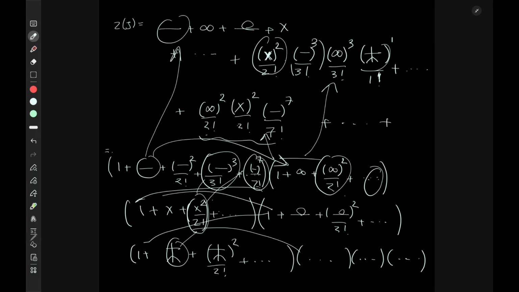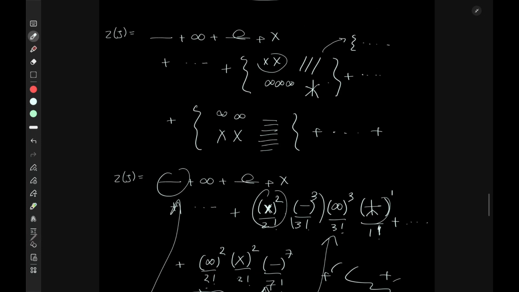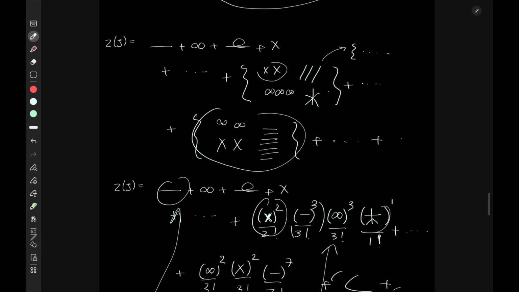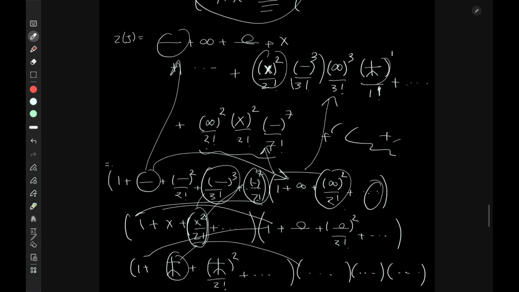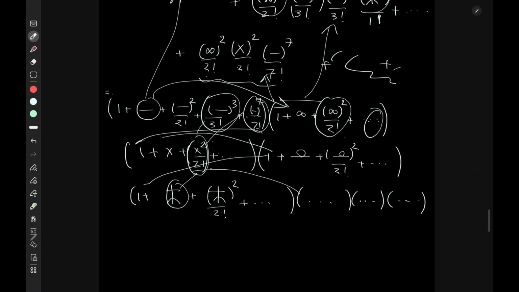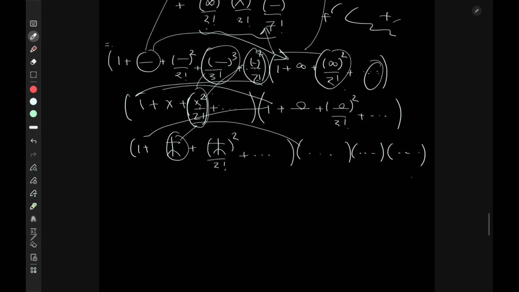The point is, any sort of general diagram here or any sort of general diagram here which might be present in this expansion can be obtained in this way by a certain product from this infinite product series.